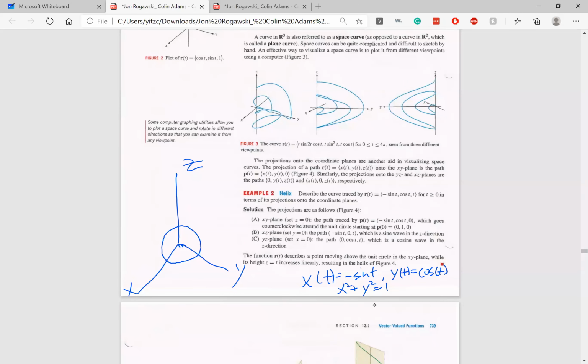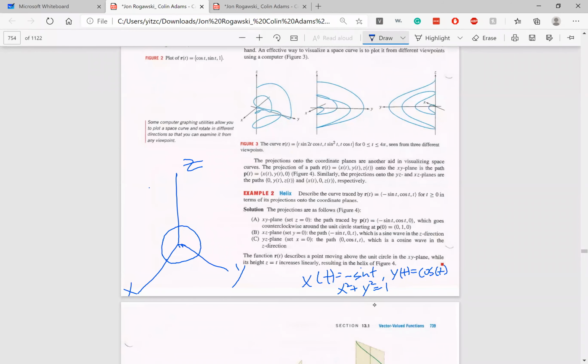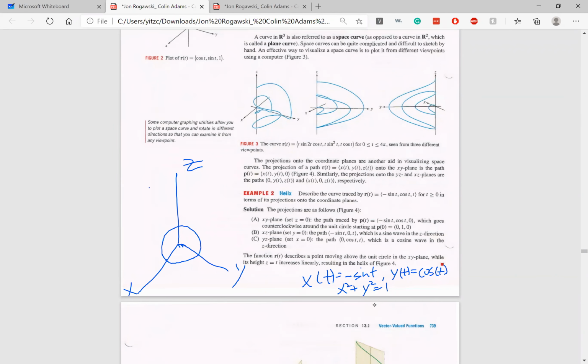So then we have the sine function. As we move along z, we get this negative sine of t in the x coordinate. So that would look something like, generally we would be coming up over here, and then going like that, something like this.